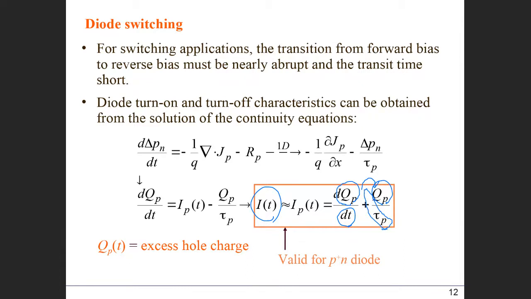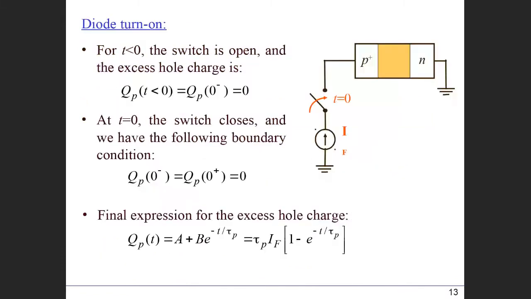So the easiest way is to assume a solution for Qp, one that satisfies this, represented by an exponential equation. Of course, we don't know the two unknown coefficients.